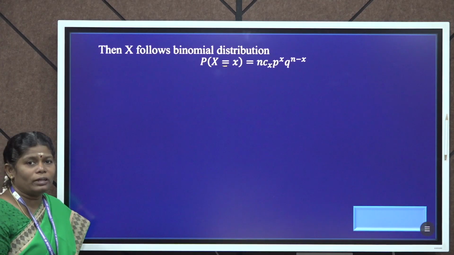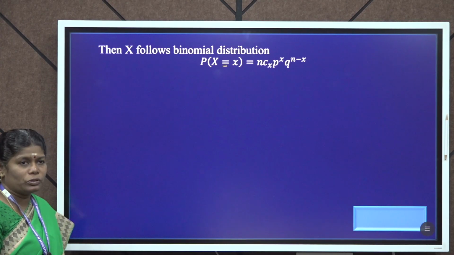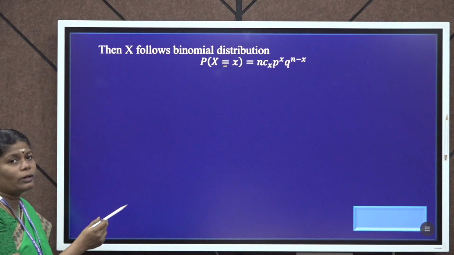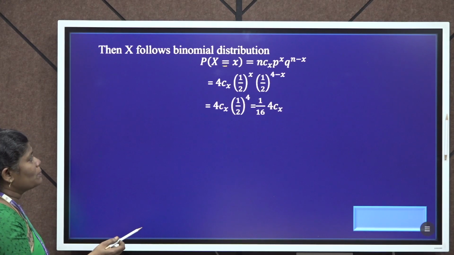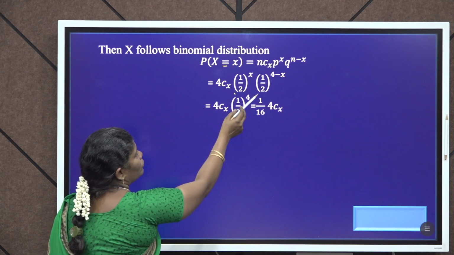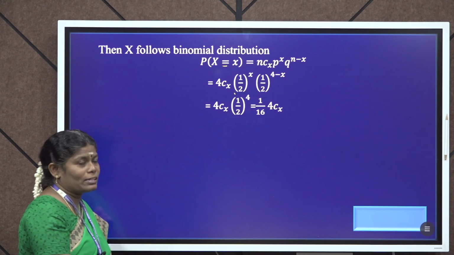Capital X follows binomial distribution. The probability distribution is P(X = x), this is equal to nCx p^x q^(n-x). This is equal to, n is 4, 4Cx (1/2)^x (1/2)^(4-x).